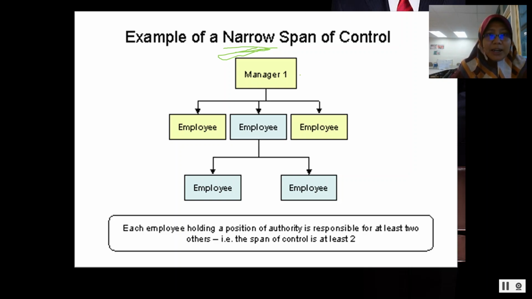You can see this one, manager one has 3 employees, 1, 2, 3. And one of his employees, the blue one, is able to manage another 2 employees under him or her. So these are the narrow span of control. Again, it is how many employees can be supervised by one supervisor.